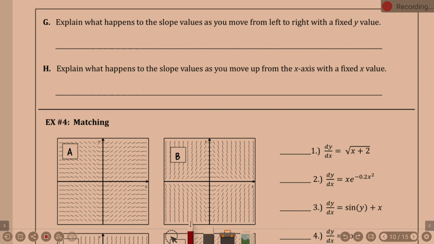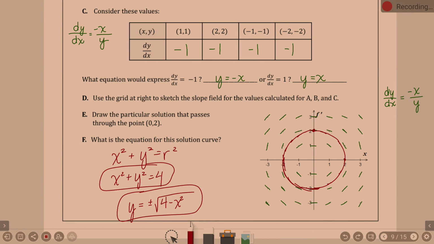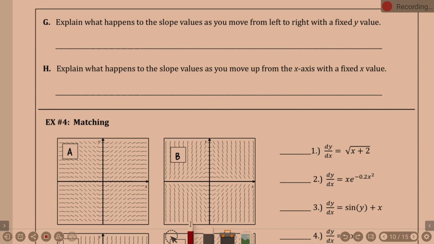Okay. Explain what happens to the slope values as you move from left to right with a fixed y value. Okay, so slope values. As you move from left to right with a fixed y value, well, it kind of depends on your y value, actually.